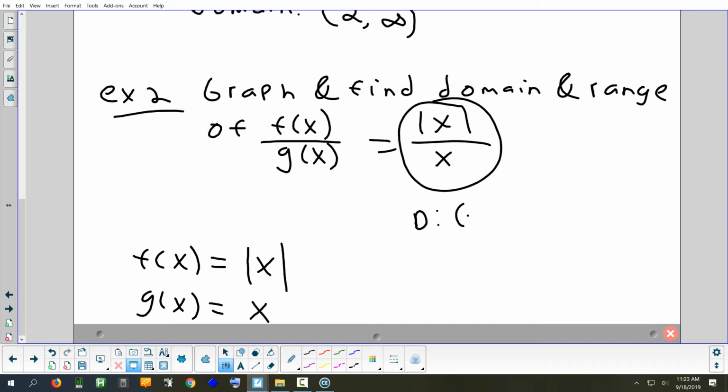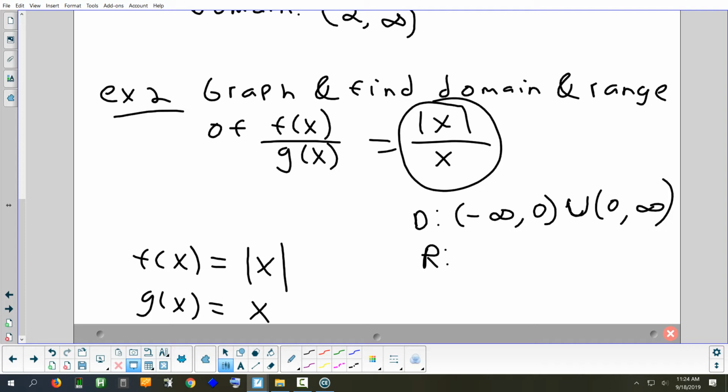You can pick any number going as low as you want, up to 0, but you can't include it. Or you can pick any number from 0, not including it, as high as you want. So you can go as low as you want, up to 0, don't include 0, or, that's what that symbol means, it's a U, or 0 to infinity. So that's your domain.